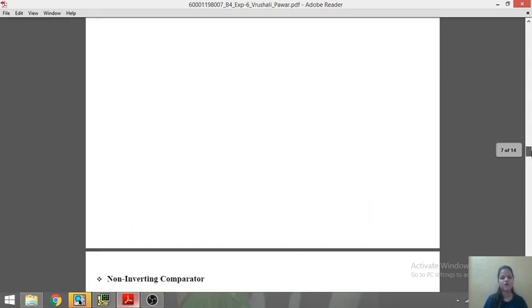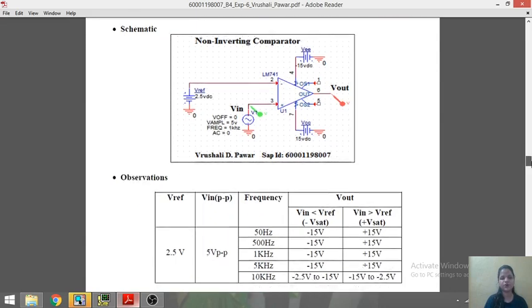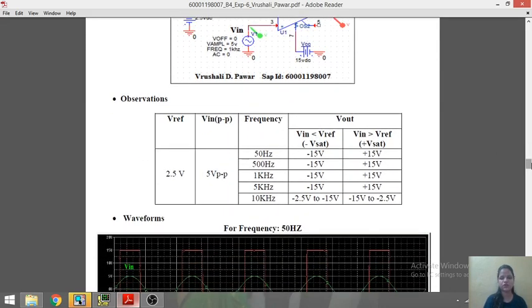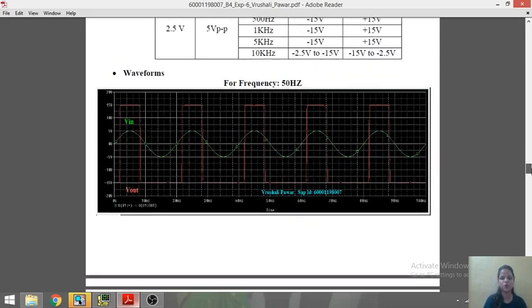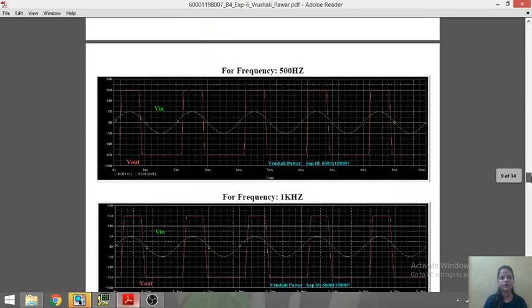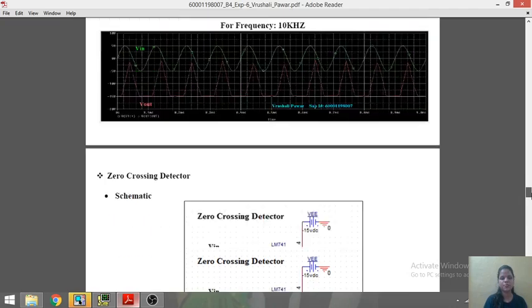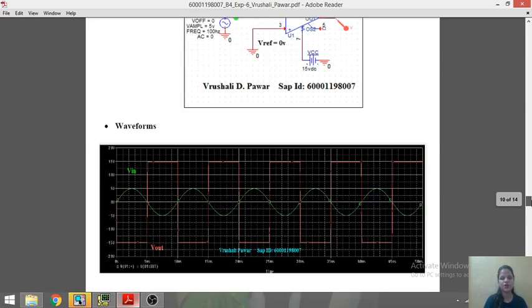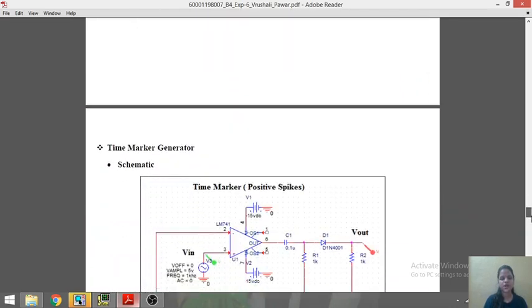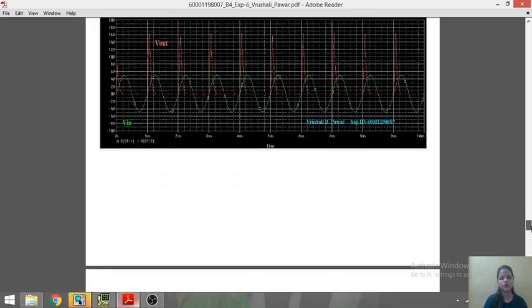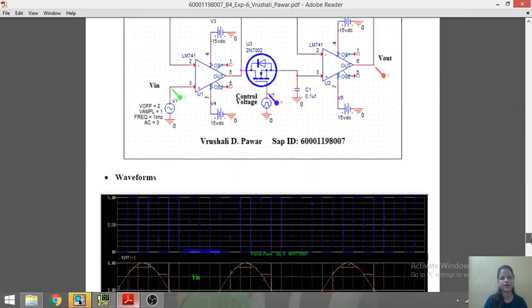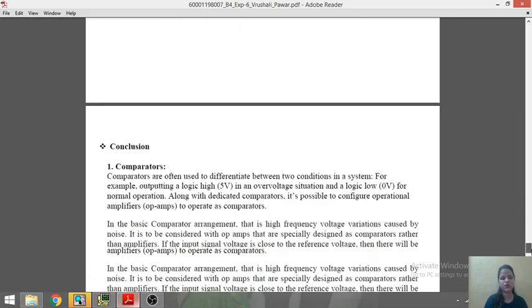Then for the non-inverting comparator also I have taken the observation for the various frequencies. You can take also 50 Hz, 500 Hz, 1 kHz, 5 kHz and 10 kHz. So next is the zero crossing detector, which I already showed. Next is the time marker generator, also already shown. Next is the sample and hold circuit, also already shown.